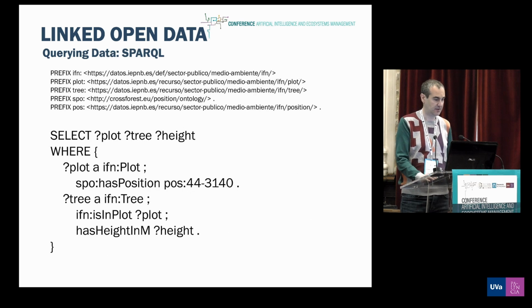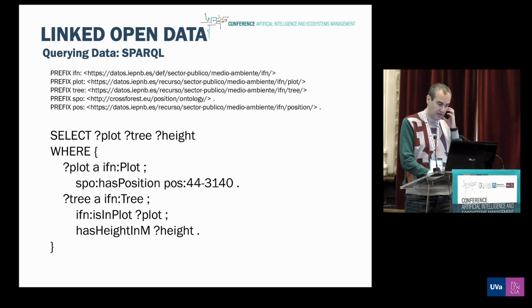There is a specific language for that called SPARQL, which is very similar to SQL but based on triple patterns. These are basically triples, but instead of an element, you can put a variable preceded by a question mark. Here, for example, you would get all the elements that are a plot and that are in a specific position, and from this plot, all the trees that are in this plot and their height.